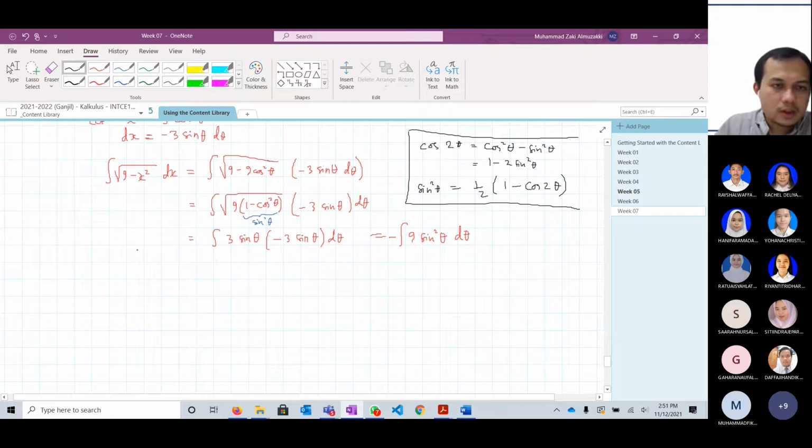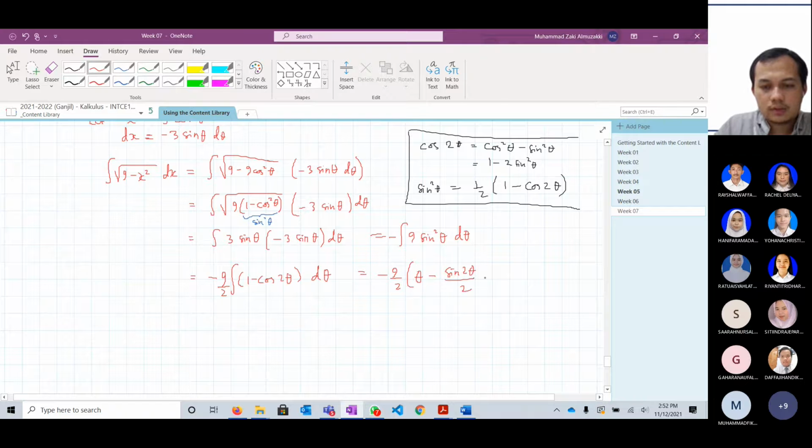So the integral now becomes minus 9 over 2 times the integral of 1 minus cosine 2 theta d theta, which is minus 9 over 2 times theta minus sine 2 theta over 2, plus a constant.